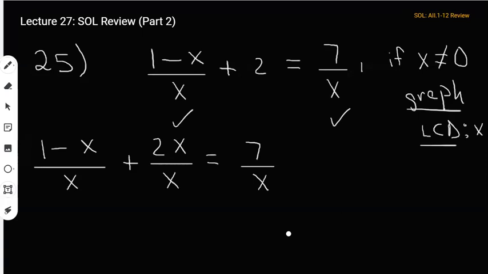So now I've got all the fractions having a common denominator of x. Now what I can do is I can just set the numerators equal to each other. That's going to be 1 minus x plus 2x is equal to 7. And I can go from there.